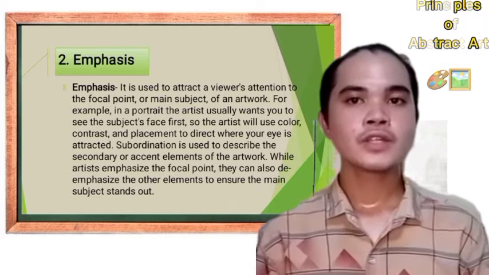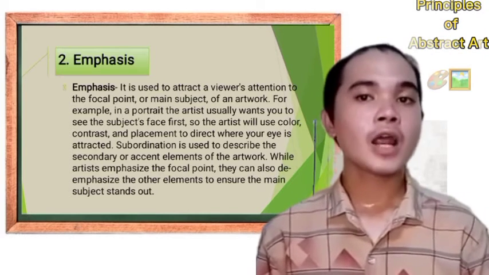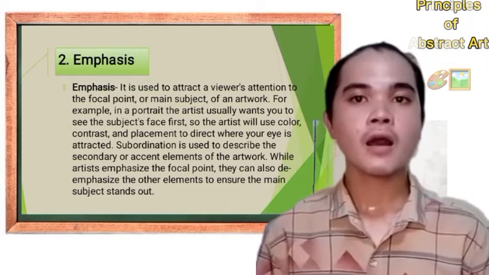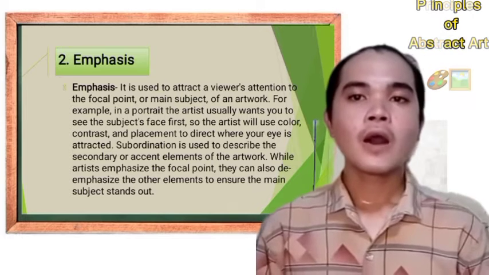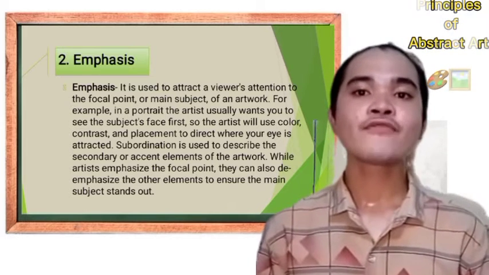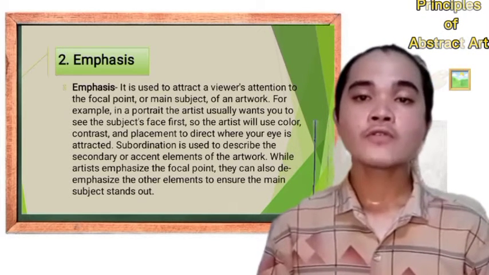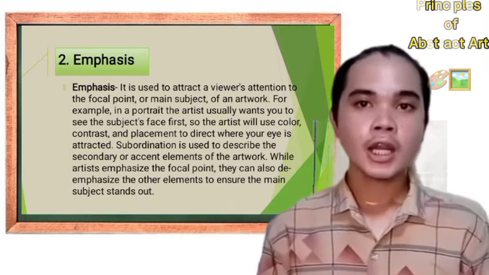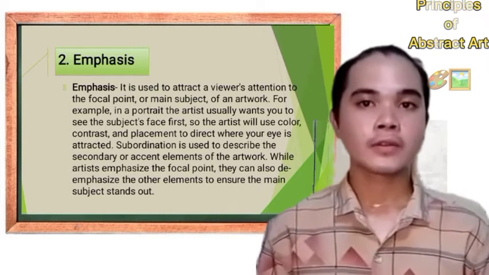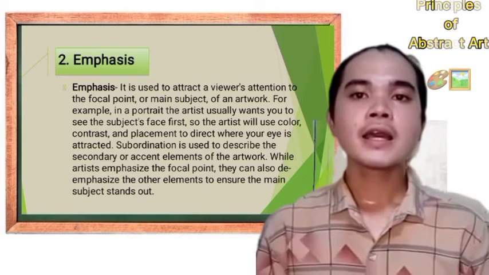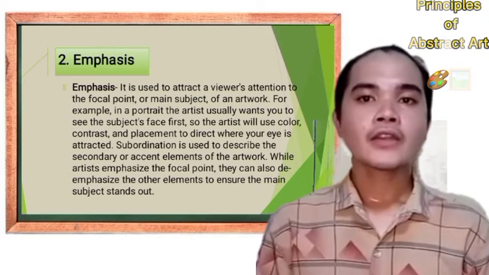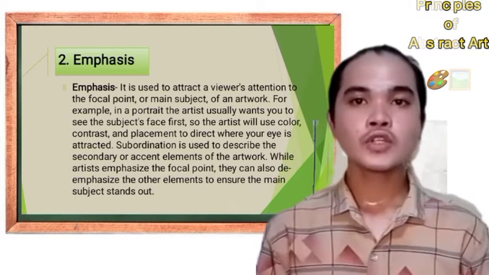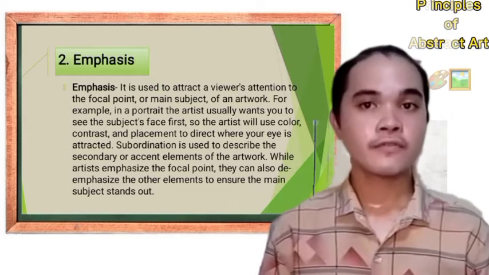Subordination is used to describe the secondary or accent elements of the artwork. While artists emphasize the focal point, they can also de-emphasize the other elements to ensure the main subject stands out. For instance, in a portrait painting, the artist usually wants you to see the person's face first.